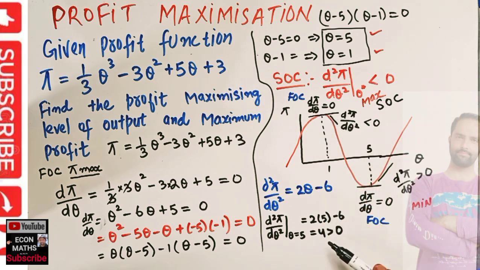We are getting it greater than 0, so this condition is for minimum. So this cannot be our profit maximizing output. Our profit maximizing output cannot be 5, because the second order derivative of the profit function came out positive, but our answer should be negative. For that, let us check the other one.